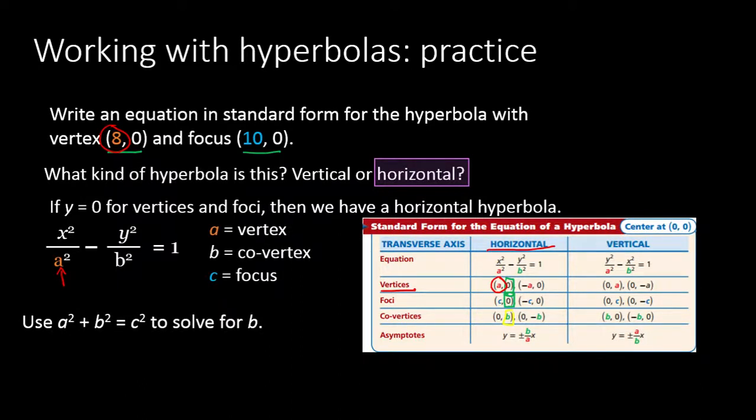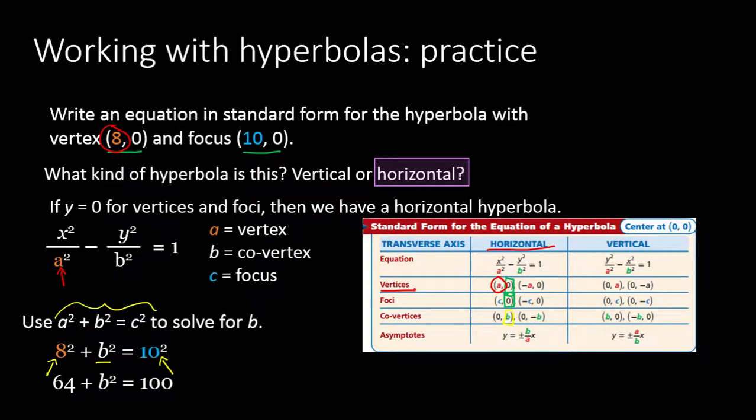I'm going to use the Pythagorean theorem to solve for b. For hyperbola only, the vertex, covertex, and focus have this relationship. Meaning if I know 2 of the values, I can solve for the third one. I know the vertex, I know my focus value, I'm solving for b.